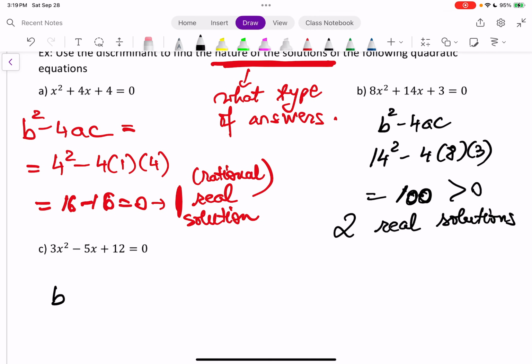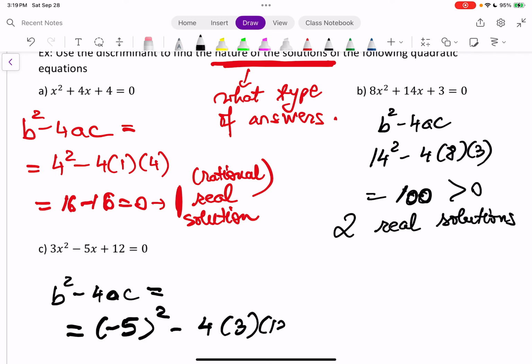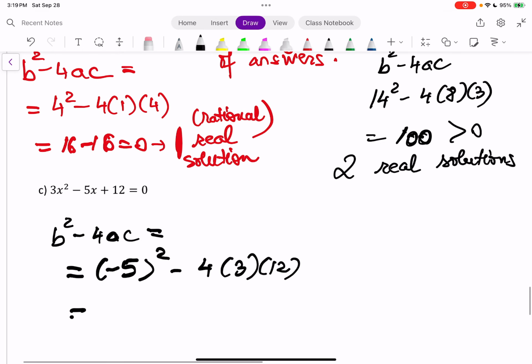And here's the last one. Oops. I don't know why I said equals 0. I meant to say it equals negative 5 squared minus 4 times 3 times 12. Remember, negative 5 squared is a positive 25.